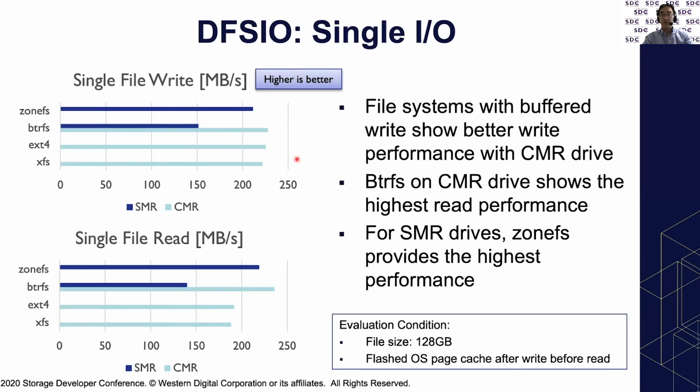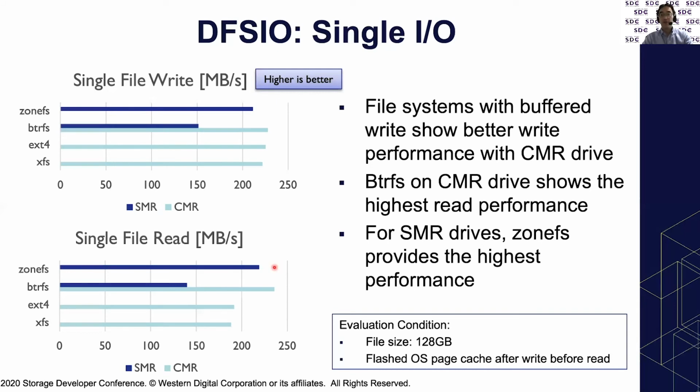Regarding the write speed, file systems with buffered write show a better throughput. XFS, ext4, and ButterFS can do buffered I/O on CMR HDDs. ZoneFS requires direct I/O, then it shows slightly slower throughput. Regarding the read speed, ButterFS on CMR drive shows the highest performance.